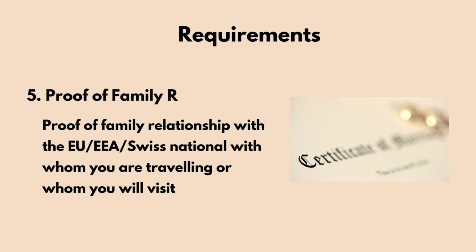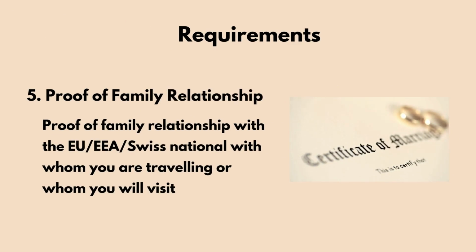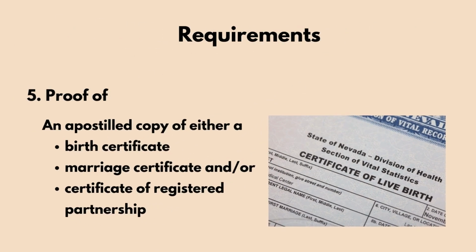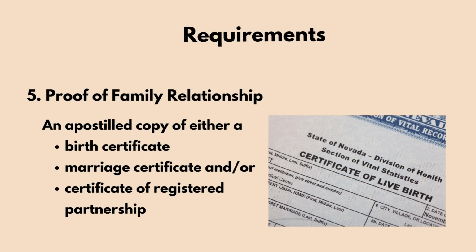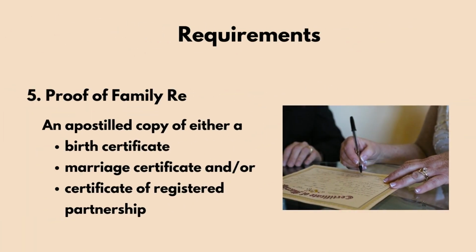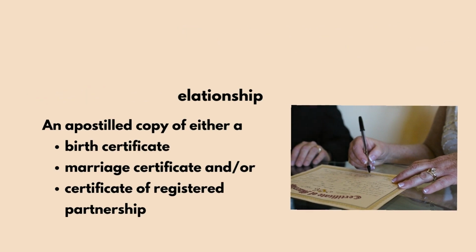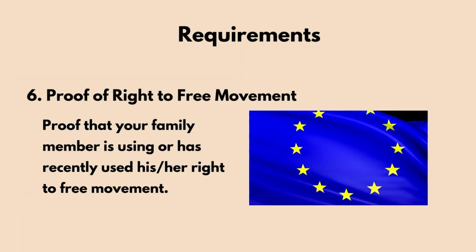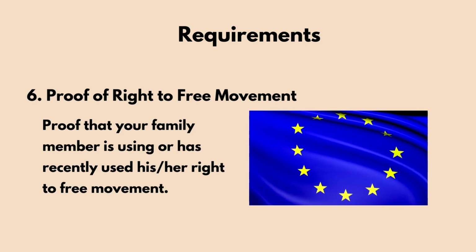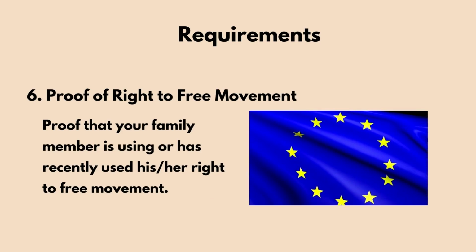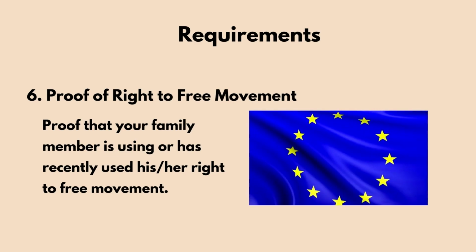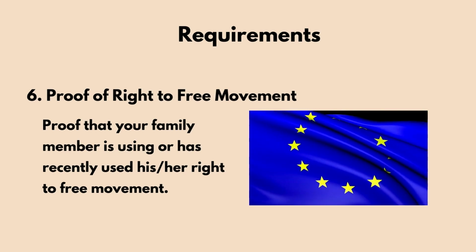Next, requirement number 5, proof of family relationship. You must show proof of family relationship with the EU, EEA, or Swiss national you are traveling with or whom you will visit. It may be an apostilled birth certificate or marriage certificate or a certificate of registered partnership. Requirement number 6, proof of right to free movement. You must be able to show proof that your family member is using or has recently used his or her right to free movement.